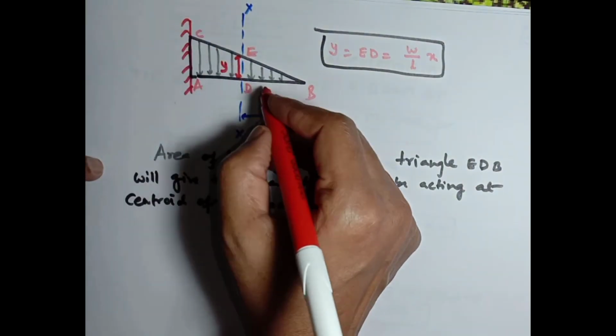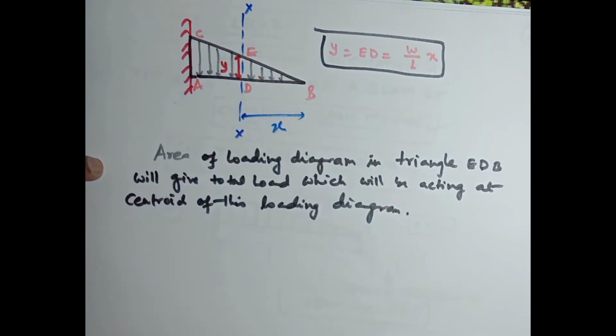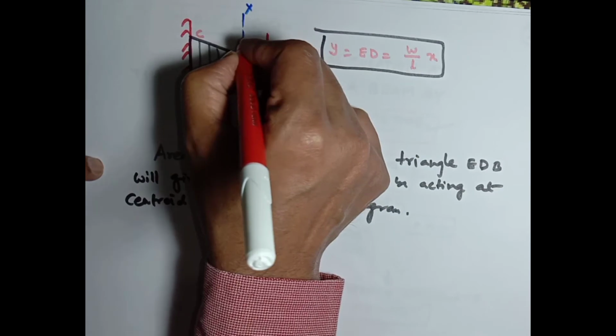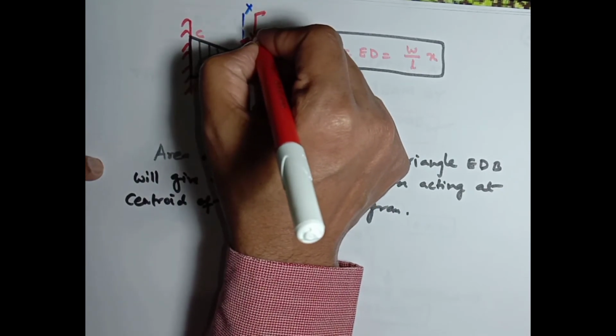Now the area of this loading diagram will give the total load which will be acting at the centroid of this loading diagram.